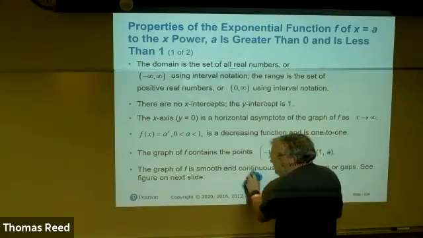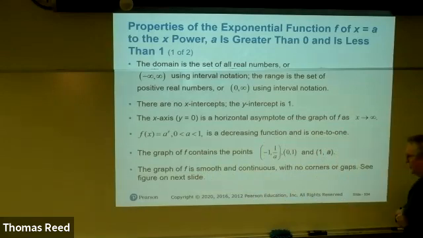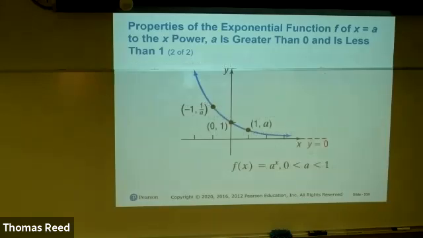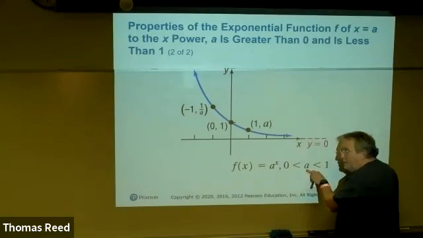The graph is smooth and continuous with no corners and gaps, and boom, there it is. It's a reflection of the graph if a was greater than 1.